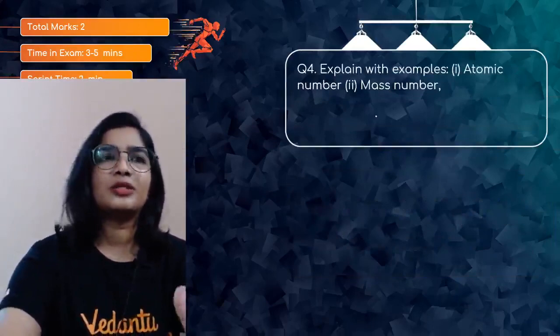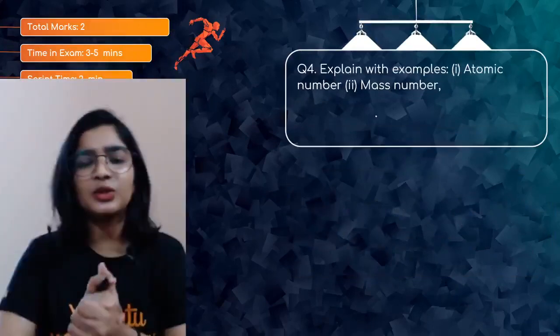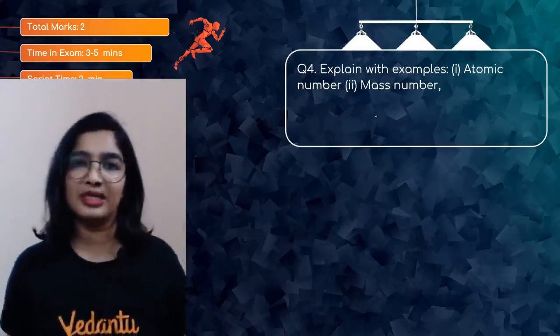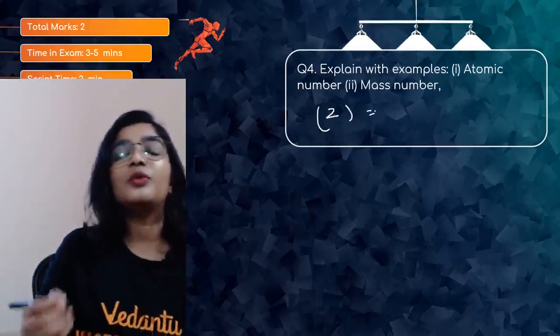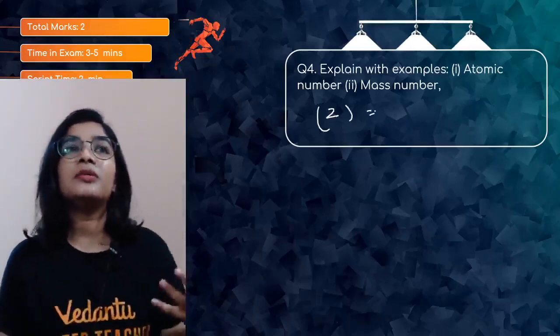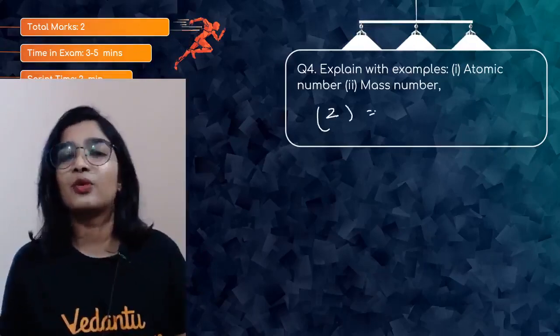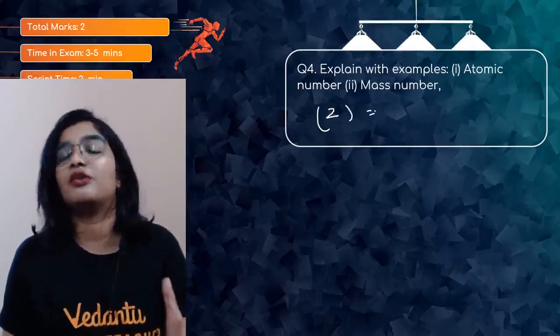So what is atomic number, what is mass number? These are two terms which we often use in chemistry. So atomic number, how do you define it? Atomic number is the number of protons present in the nucleus of an atom.